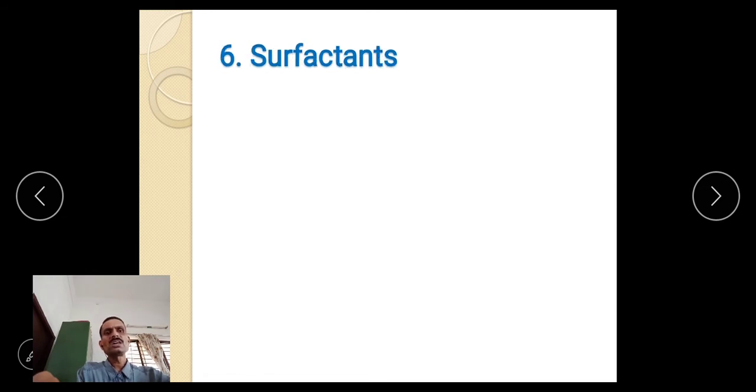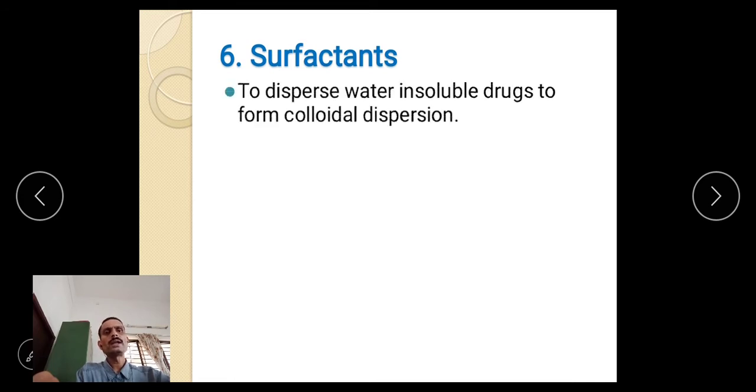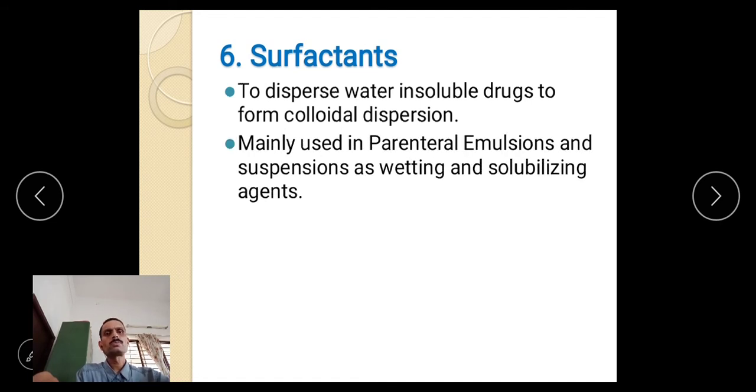Then surfactants. Surfactants are mainly used to enhance the solubility of poorly soluble drugs, or to disperse water-insoluble drugs to form colloidal dispersions. They are mainly used in parenteral emulsions and suspensions as wetting and solubilizing agents.